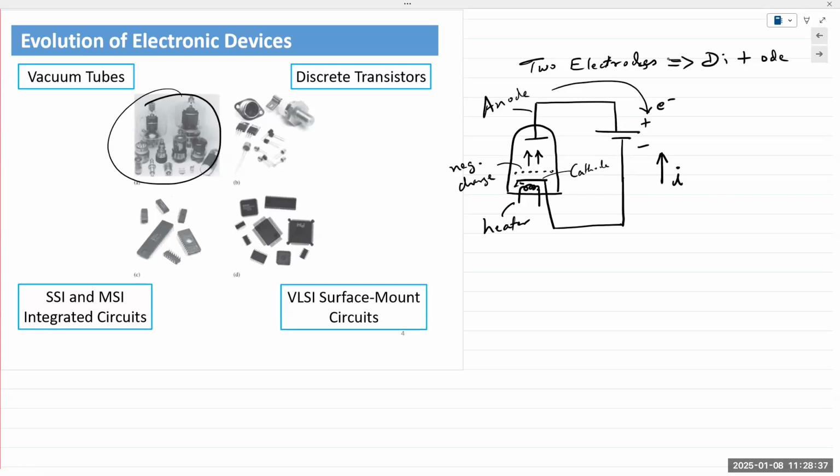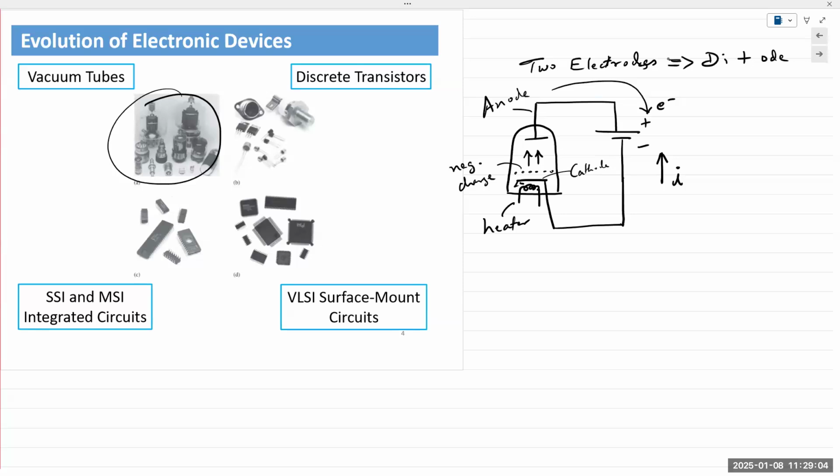I think the maximum number of electrodes I ever read about was 12 or 13. Never seen one in real life, but I have read about it. I'm sure it existed somewhere in the world. But I've seen actual vacuum tubes. And they're actually making a comeback. For high definition and high fidelity audio applications, there are vacuum tube manufacturers out there.